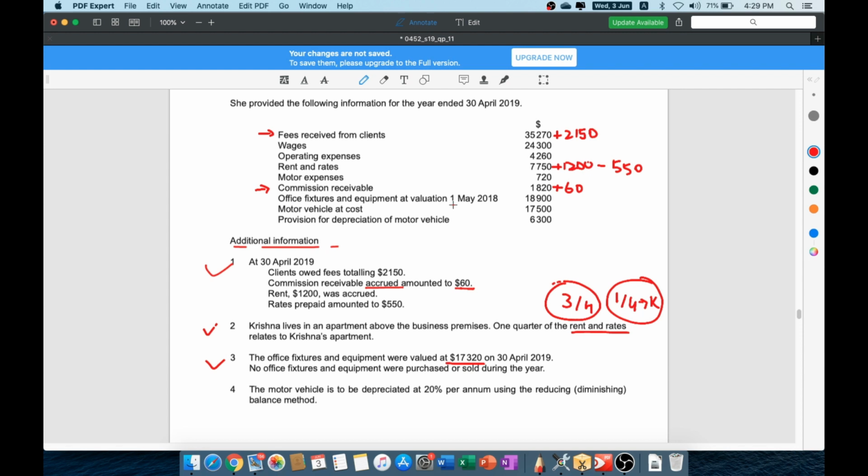If he's given you the book values at the start and the end of the year, and he's saying that no office fixtures and equipment were purchased or sold, then the change in the book values is going to be the depreciation charge for the year, right?